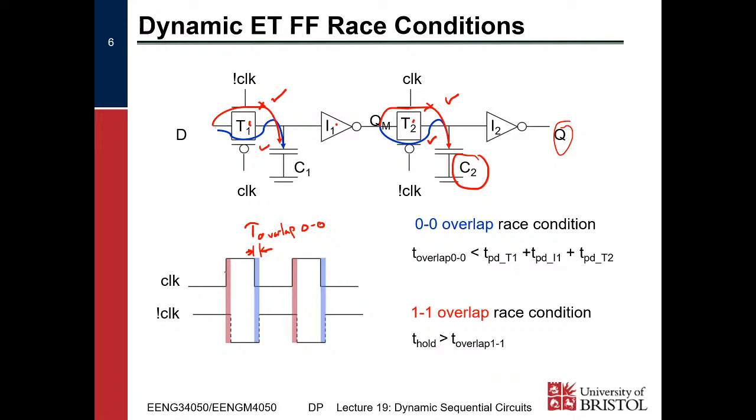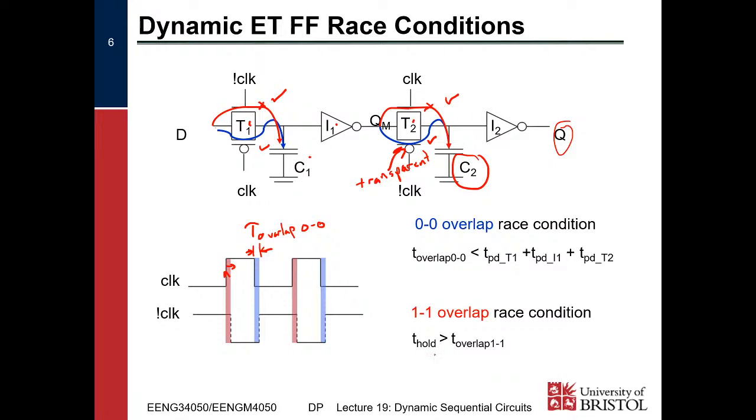So from the positive clock edge here, we have to hold our data for longer than the overlap period, because if we don't, C1 can become charged up, and then because our clock is high, this T2 over here is currently transparent, so it can propagate that disturbed value on C1 at any point in time. So we only need to disturb C1 for it to become effective.